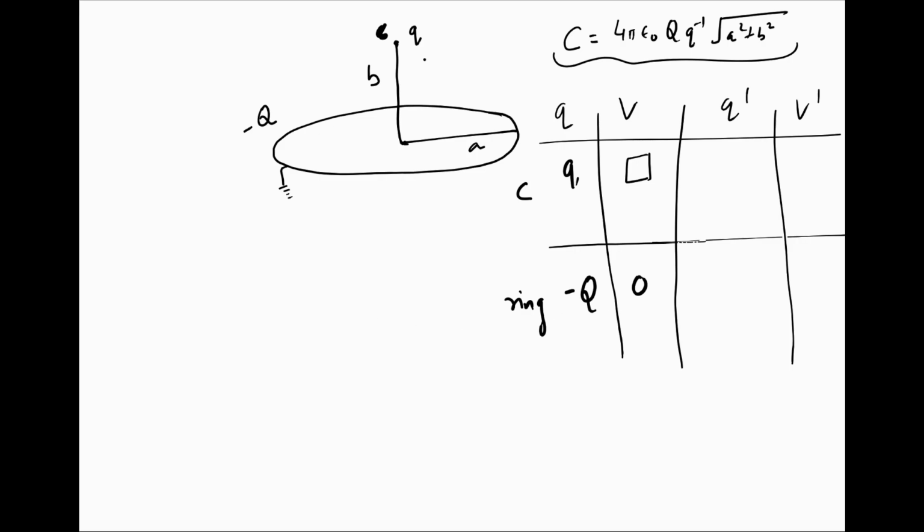Now we will take a scenario when this charge Q is not present, and this is A. Now we will think that we are going to give this ring Q dash charge.